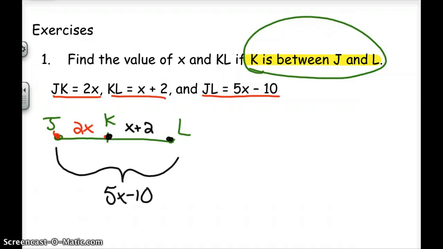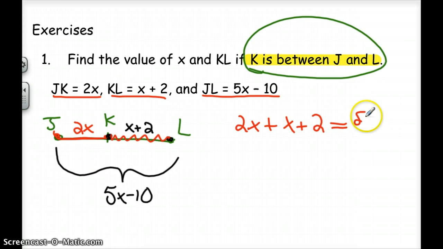I'm going to add my two pieces together, and hopefully you can see those two pieces. My JK, which is my 2x, and then I'm going to take my KL, which is x plus 2, and it equals the whole entire line segment, which is 5x minus 10.